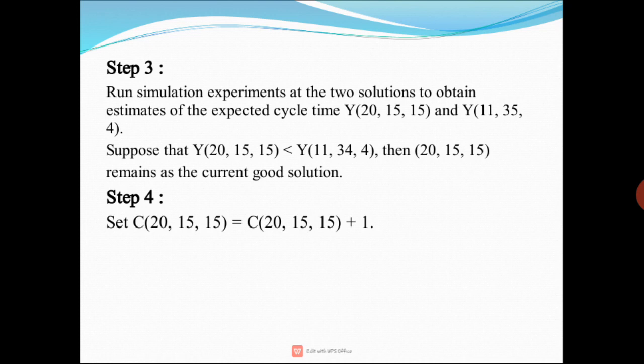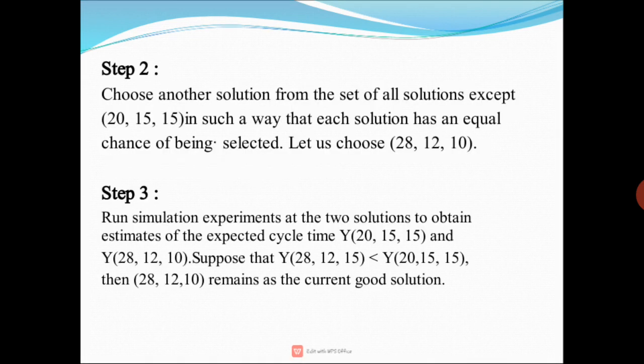Suppose that y of 20 15 15 is less than y of 11 35 4, then the solution 20 15 15 remains as the current good solution. Then increment the counter value to 1. Then again go back to step 2.